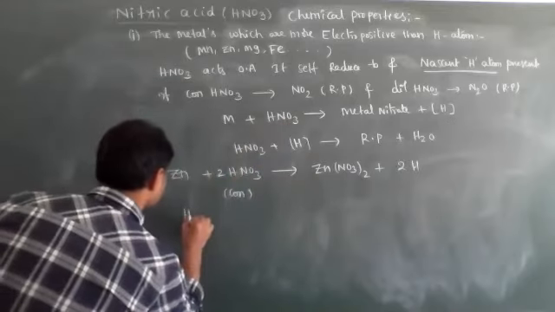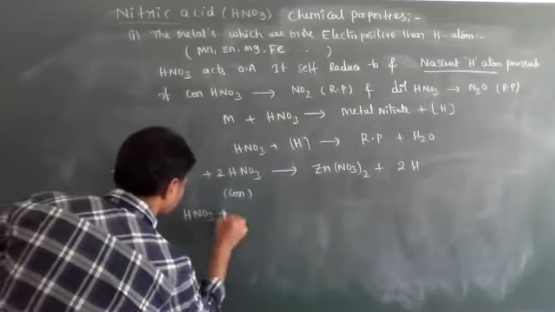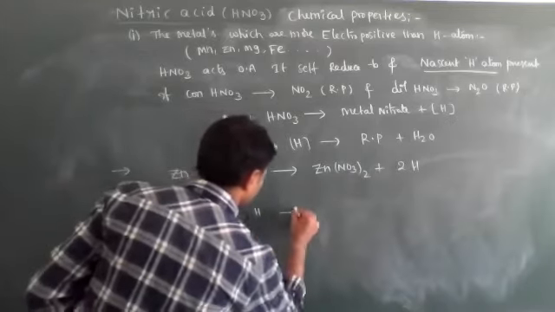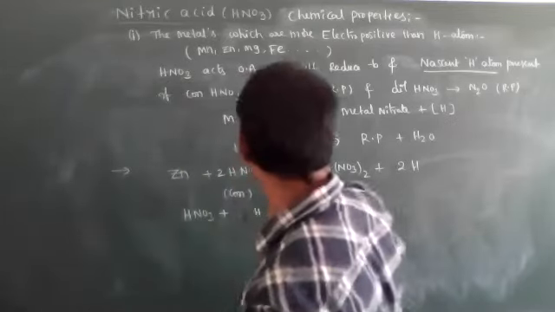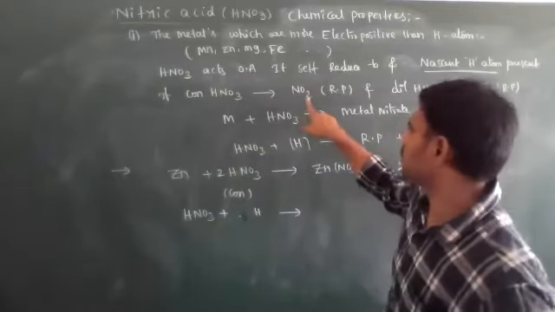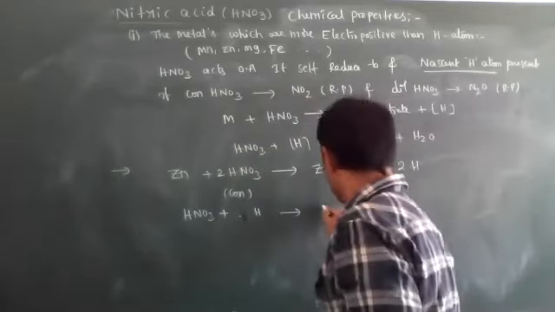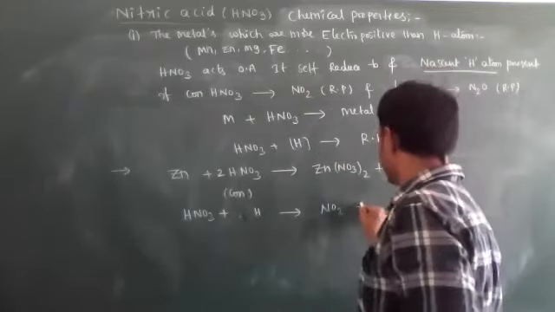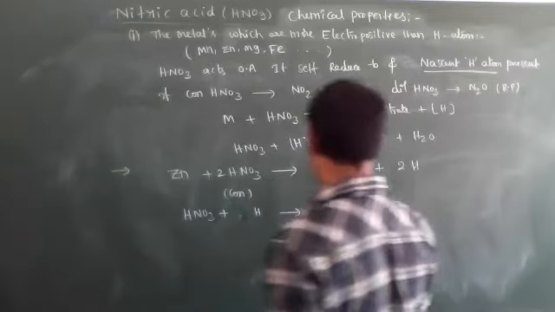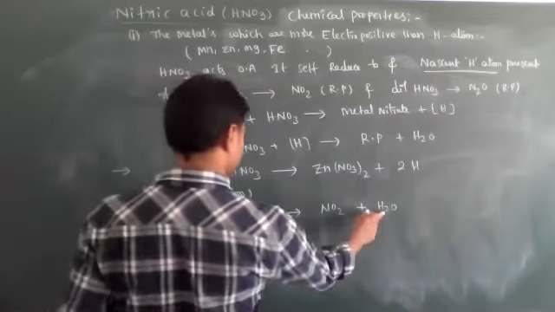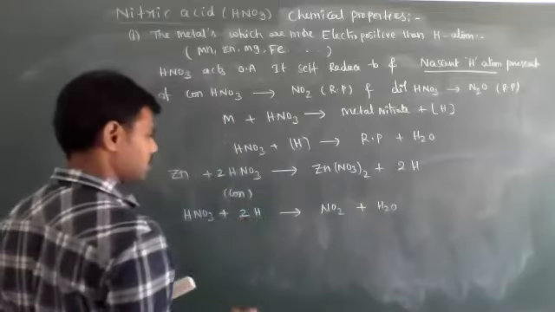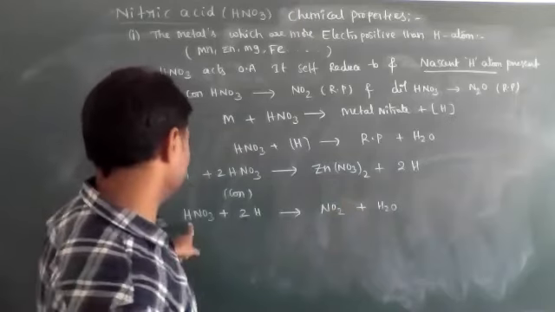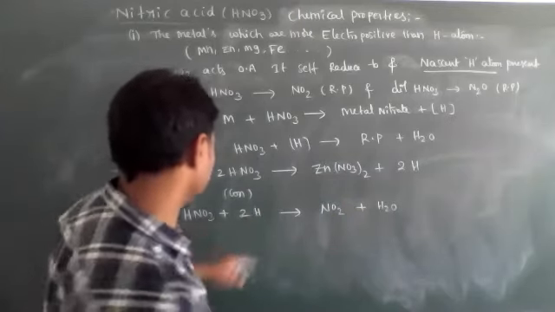In the second step, HNO3 using these nascent hydrogen atoms is reduced in concentrated medium into NO2, nitrogen dioxide, and water, H2O. Here 2 oxygen atoms are present, so 2 nascent hydrogens are needed; the remaining oxygen atoms in NO2 and H2O are sufficient.